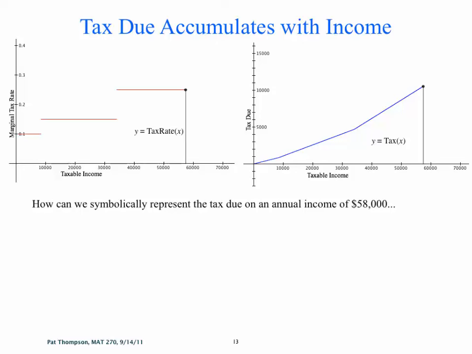How can you represent that amount of tax due? Tax of 58,000, or we can just write tax with parentheses 58,000.